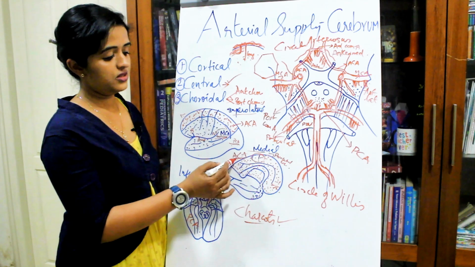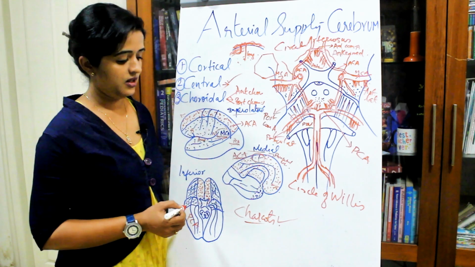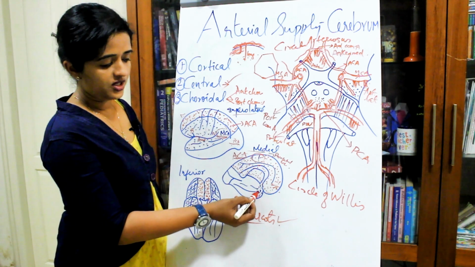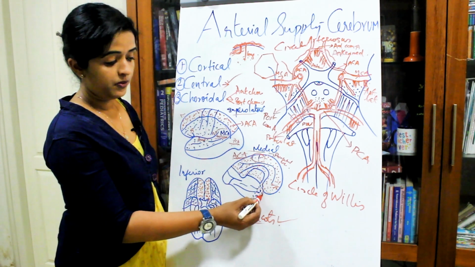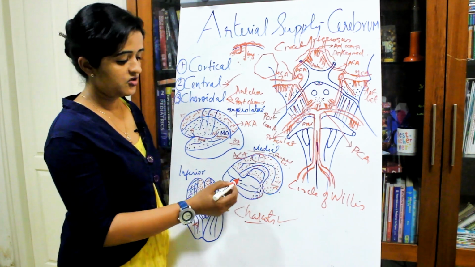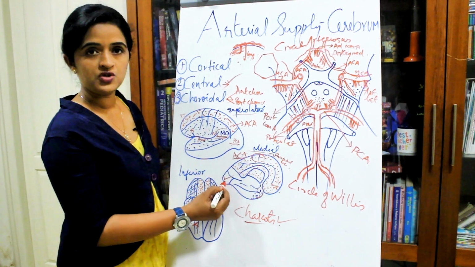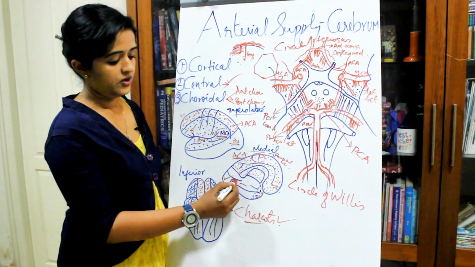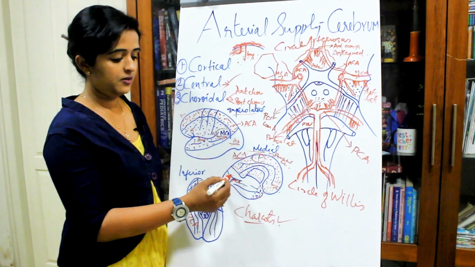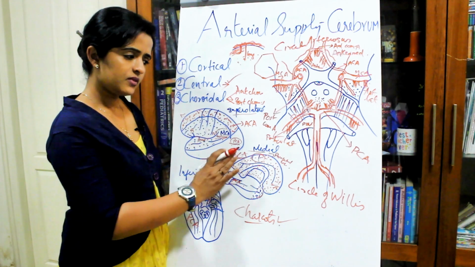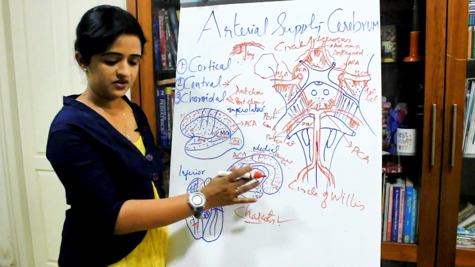These are the main functional areas supplied by it. Coming to the middle cerebral artery, this is the temporal pole, which is supplied by the middle cerebral artery, and again the visual area, the occipital lobe, is supplied by the posterior cerebral artery. So ultimately the posterior cerebral artery is concerned with the visual cortex. That is how we look at the medial surface.